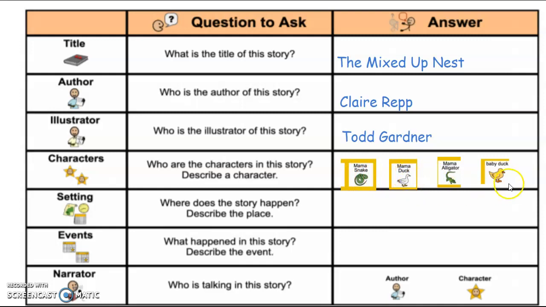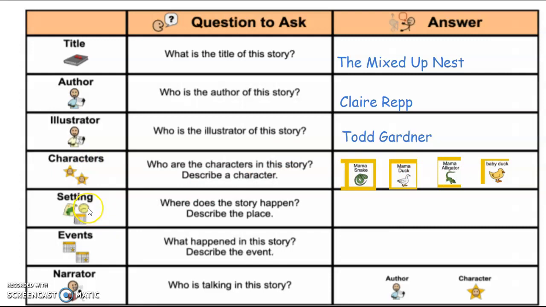She was looking for baby duck. There was Mama Alligator. Yes, Mama Platypus. And there was another character with a long, thin beak. That was Mama Hummingbird. Those are all characters in the story.